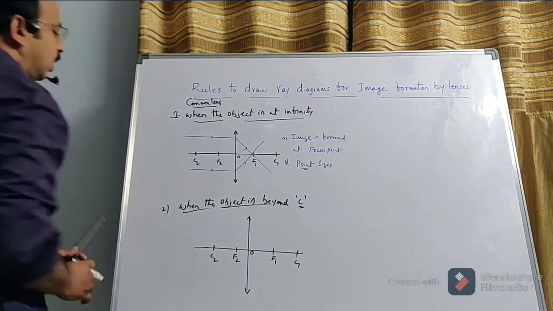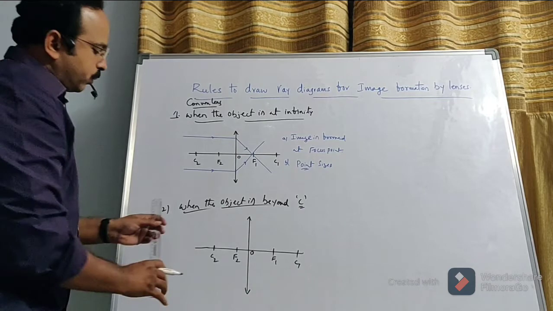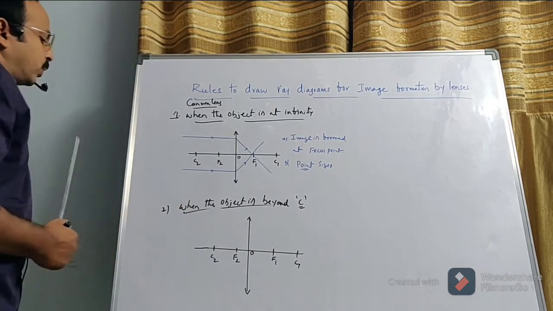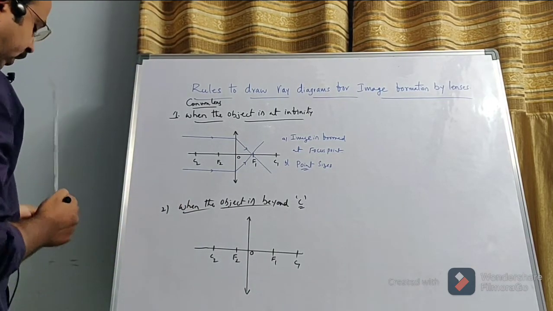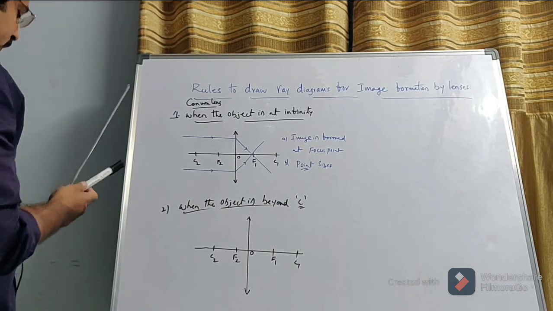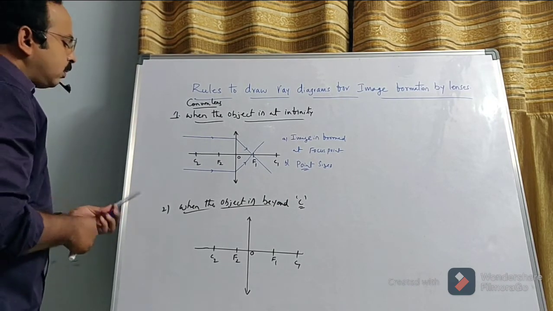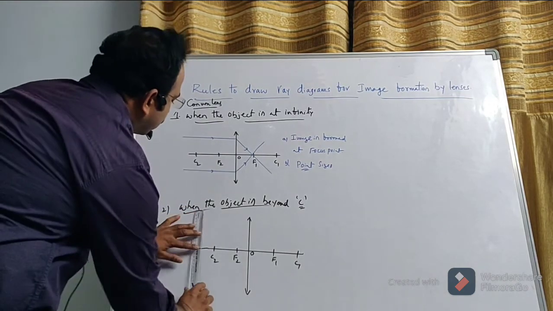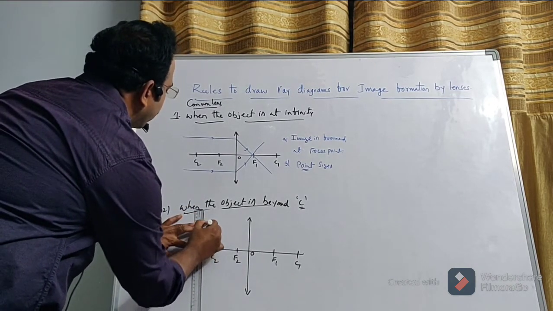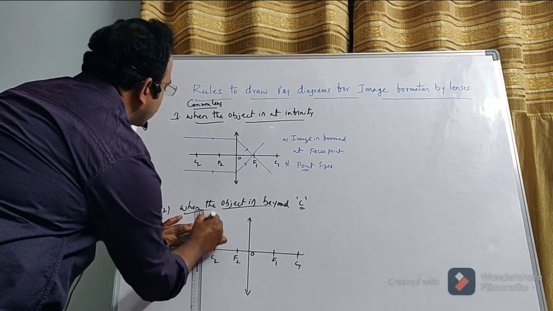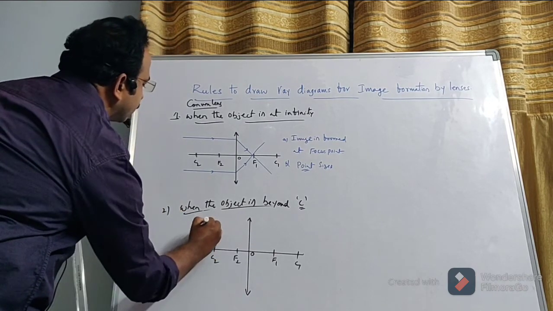Now the object. We kept the object beyond C2. For example, I am keeping the object like this. This is the object called AB.